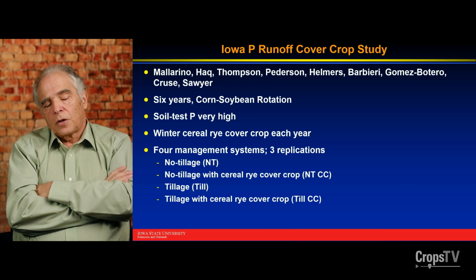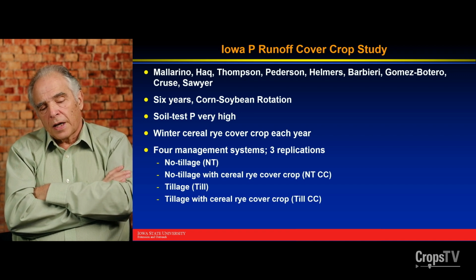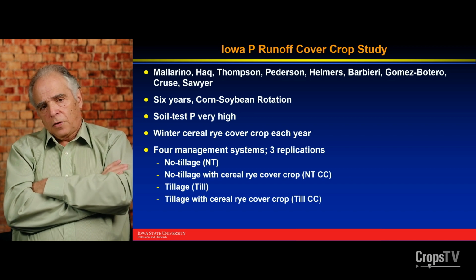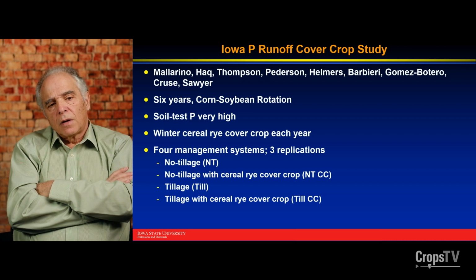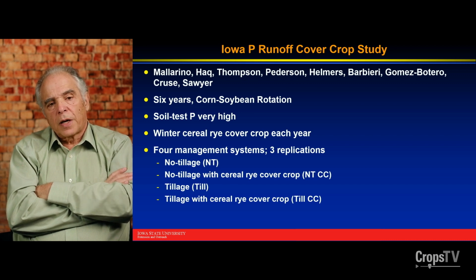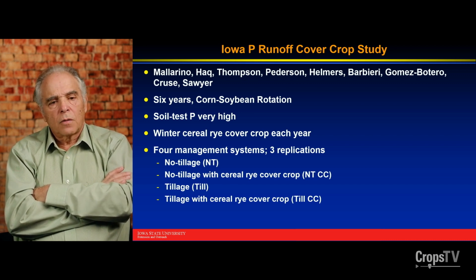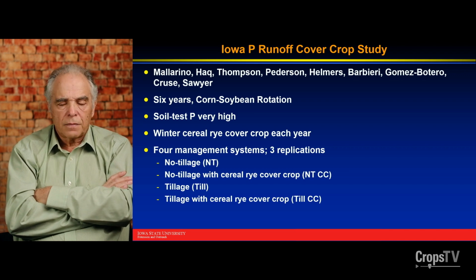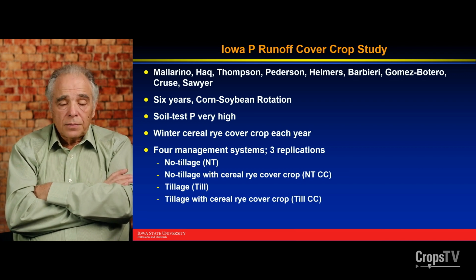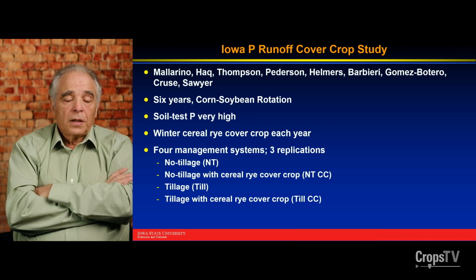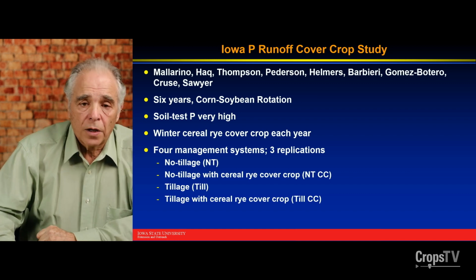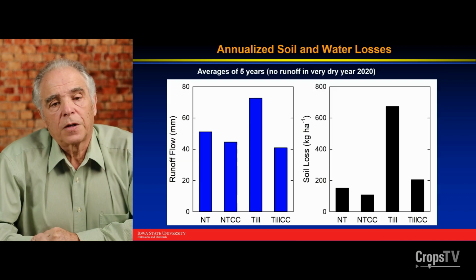In the first year or two, it was drilled after harvest, but in the last 4 years, we overseeded before harvest. And there were 4 management systems with 3 replications. Watersheds were anywhere from 1.5 to 2 acres. No tillage, straight no tillage with the rye cover crop, tillage without the cover crop, and tillage with the cover crop. There were no phosphorus treatments here.